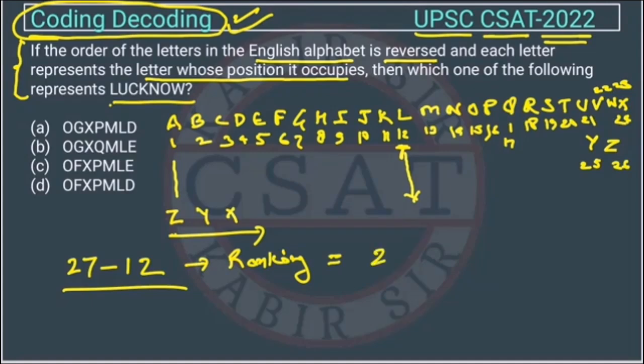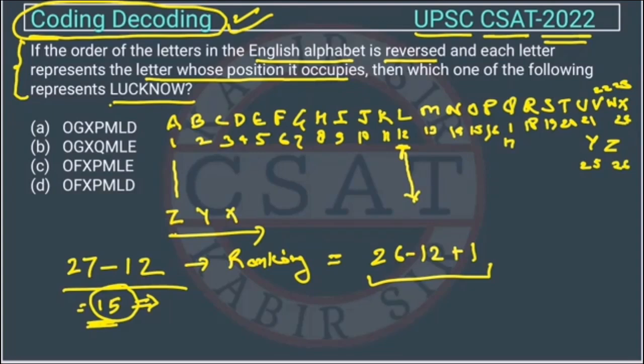So we do 26 minus 12 plus 1. This is the same thing I am doing here, 27 minus 12. So 27 minus 12 is equal to 15, right? The letter which is at position 15 will come at position 12 when we reverse it. This is the only concept. So what is the letter at position 15? Position 15 is occupied by O.